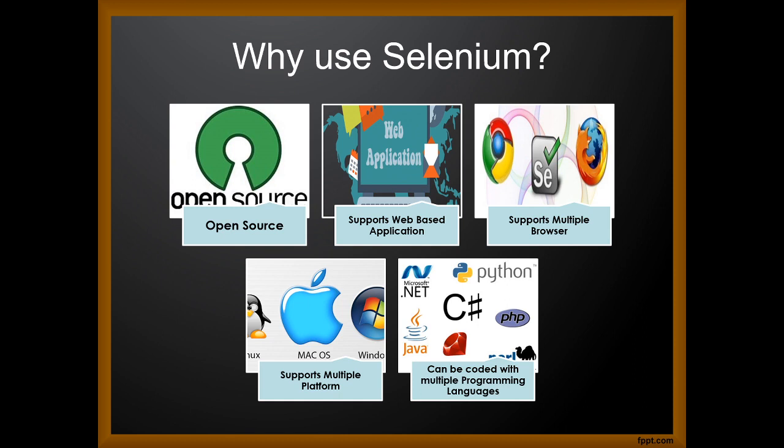Then one of the most prominent advantages of using Selenium is it supports different browsers. I mean to say that you can automate your stuff and execute your code in different browsers: Chrome, Mozilla Firefox, Internet Explorer, Edge, Safari, and so on.